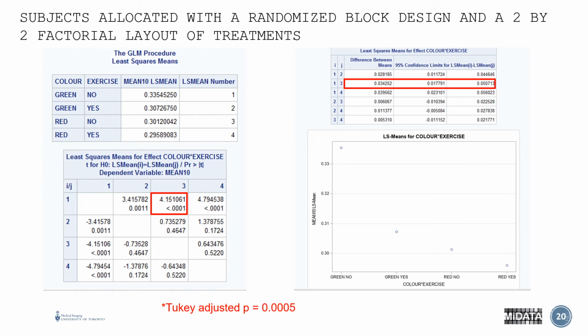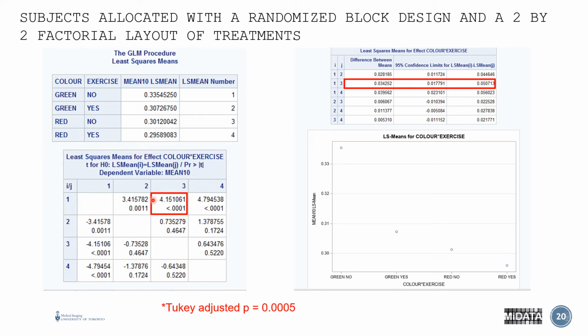When looking at the least squares means for interaction, once again, you can see in the 2 by 2 factorial layout, we have the two variables of interest, grouping variables if you wish, color and exercise, now apparent. When we want to compare no red versus no green, it's down here, 3-1.